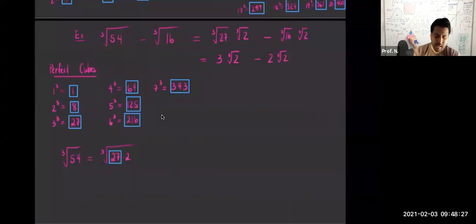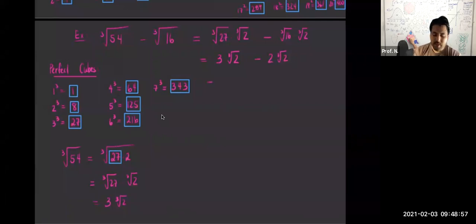So therefore, I can split this up now: the cube root of 27, which is nice, and the cube root of 2, which is not so nice. So I just leave the cube root of 2. This becomes 3 cube root of 2. So what I'm doing is taking the cube root of 54 and simplifying it into something smaller in terms of the number underneath the radical. So the cube root of 54, I can rewrite as 3 times the cube root of 2.